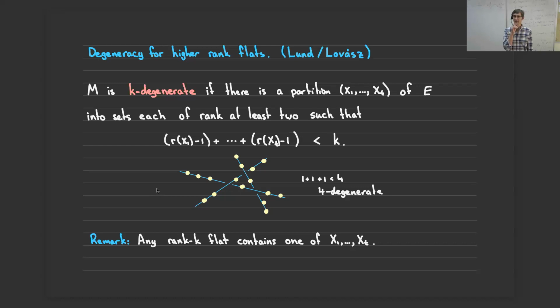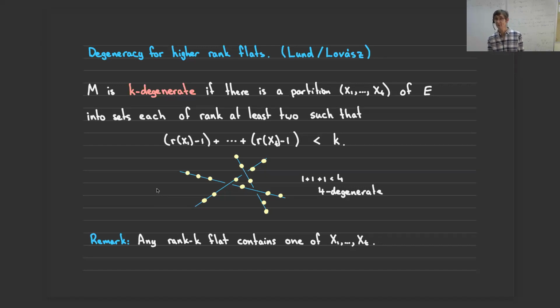So let me explain why that's the case. Suppose I give you a flat that doesn't contain any of the sets x1, x2 up to xt. I give you a flat that does not contain one of those things. And now take a basis of that flat. How many elements can it contain from x1? Well, I can't span x1, so it can contain at most the rank of x1 minus 1 elements from x1. And so on.